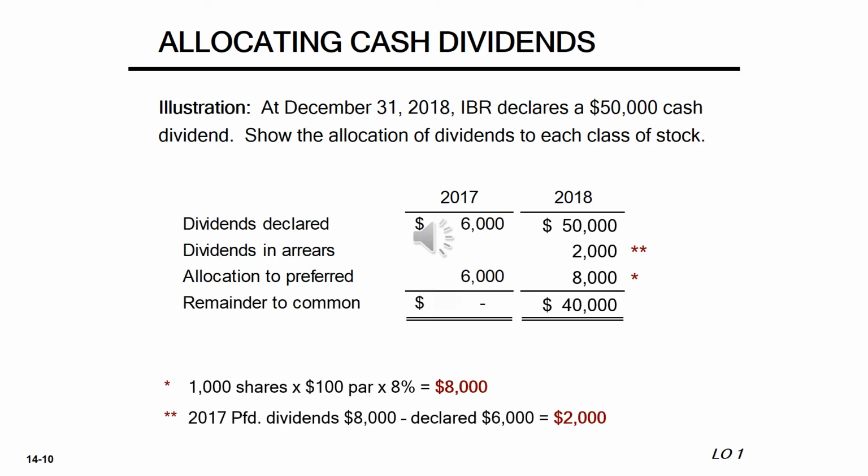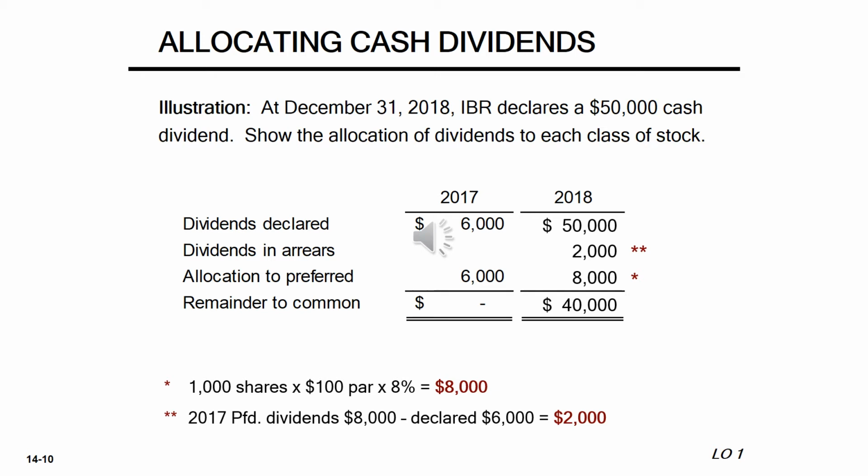So notice on the following year, since the company is giving out $50,000, dividends in arrears for the previous year is going to be $2,000. How did we figure that out? Basically, the amount that the preferred stockholders should have been allocated was $8,000. But since we only gave them $6,000, we calculate it by taking $8,000 minus the $6,000 we already paid out to them, and the difference is $2,000.